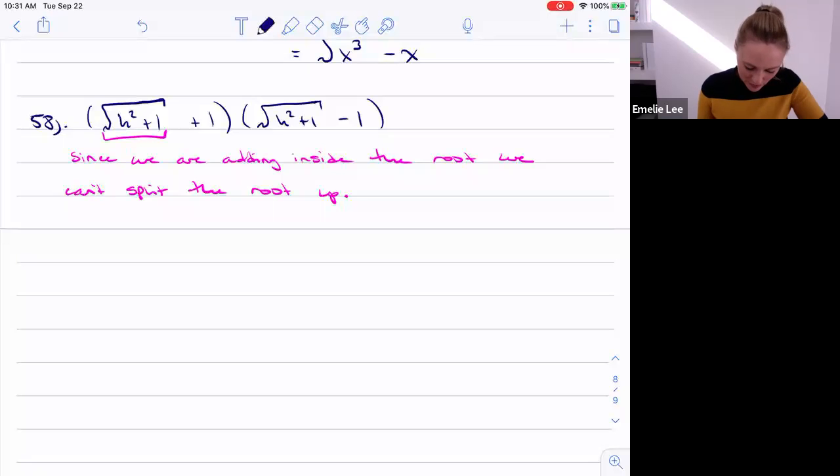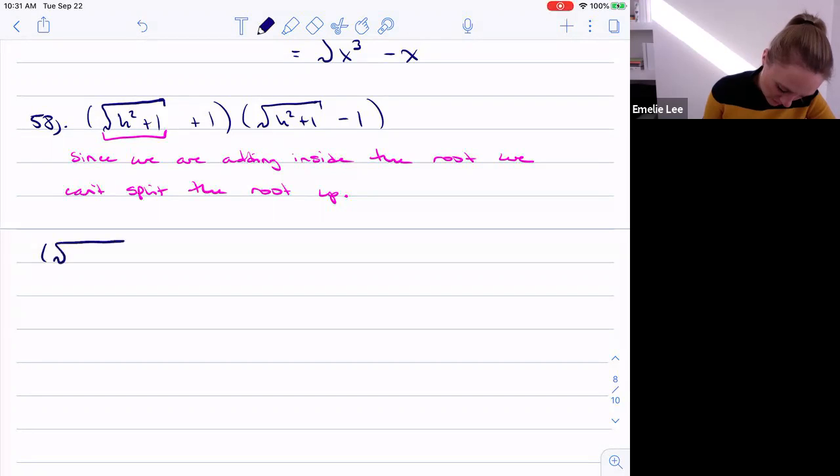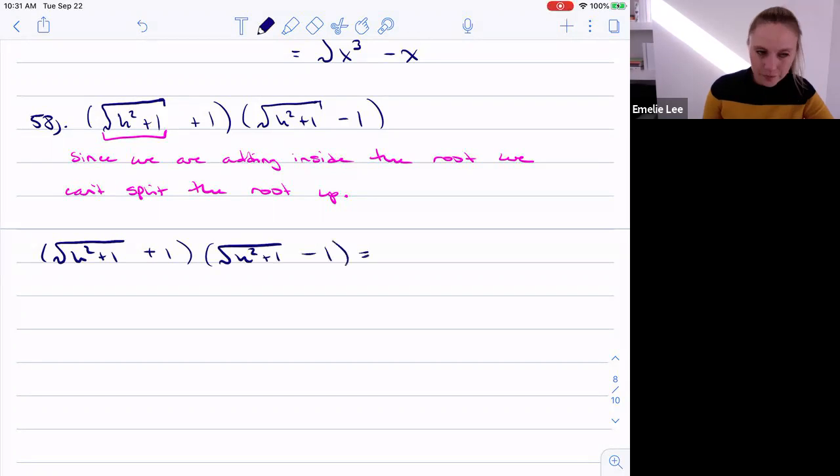Okay, so I'll rewrite it on this fresh page here. I've got the root of h squared plus 1 times the root of h squared plus 1 minus 1. So dealing with that root of h squared plus 1 as one thing, I'm going to multiply the first term and then the second term, and then take the second term and multiply it by the first term and then the second term.